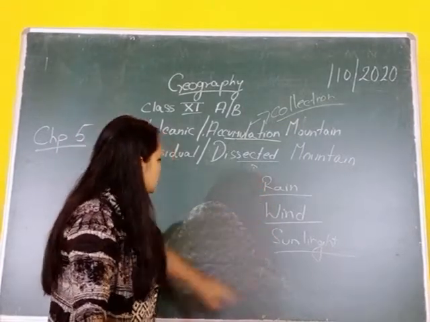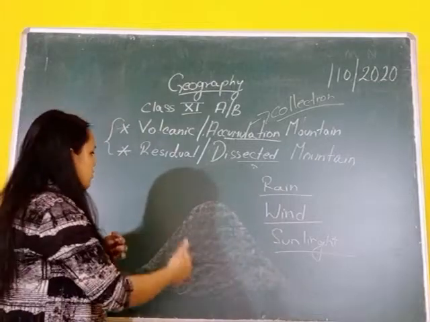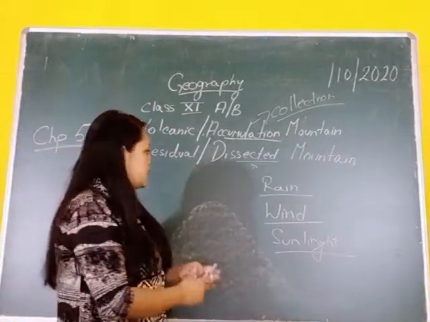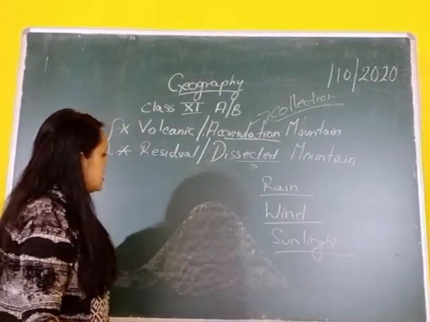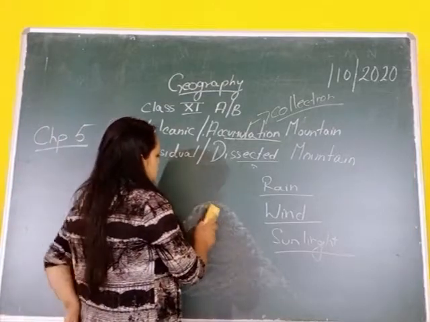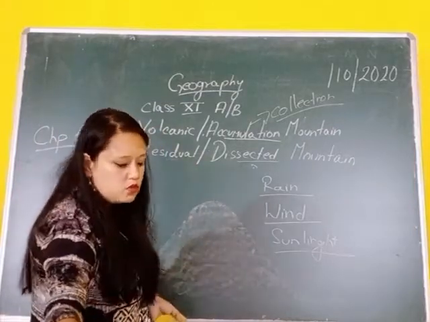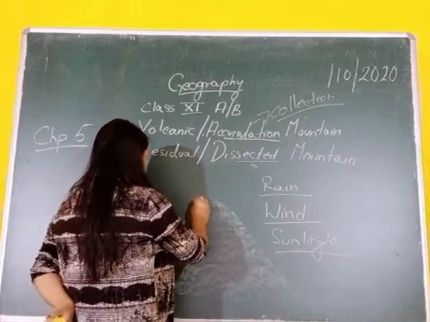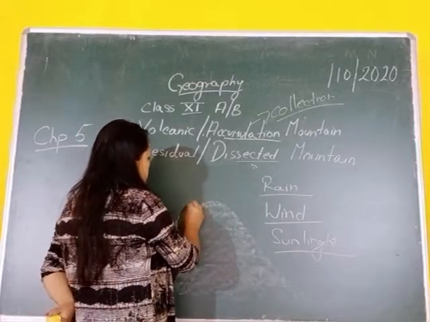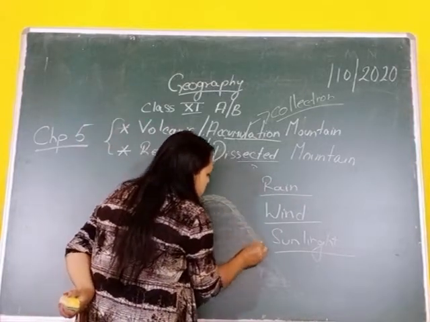Because of all these factors and because of the activities that are taking place daily, what happens is the top layers of the mountains, now obviously it's going to take thousands of years for the denudation to take place.